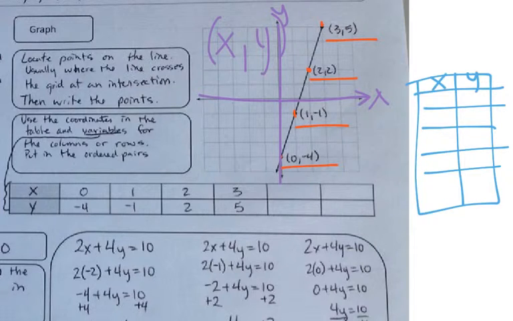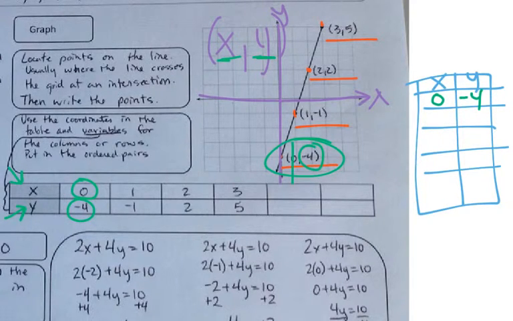So, because we're usually on a graph dealing with x and y, label your columns x and y, or your rows. Then, for each ordered pair, the x value goes in the x row or column, the y value in the y. So if I was doing this one, it would be 0, -4.